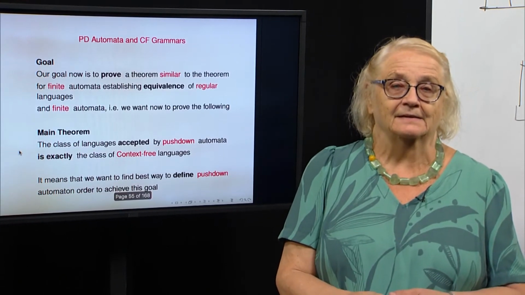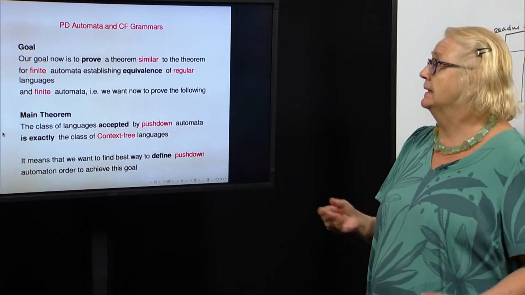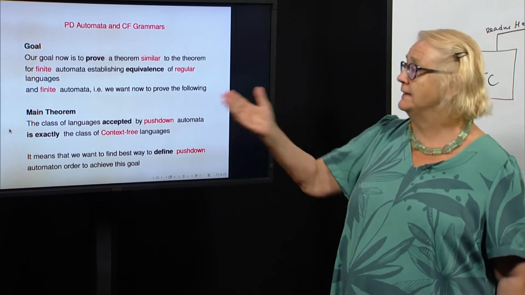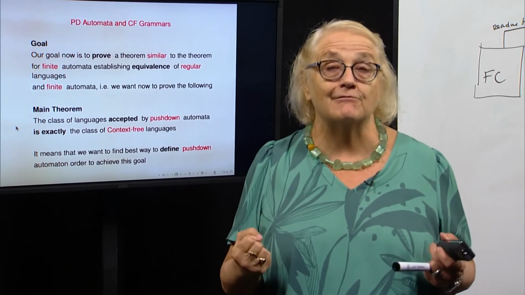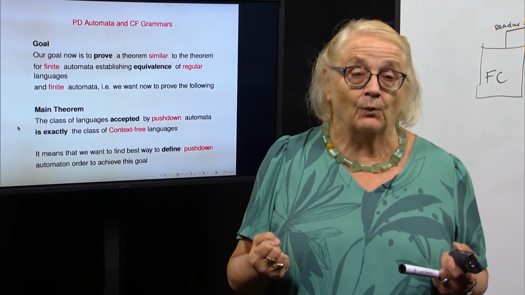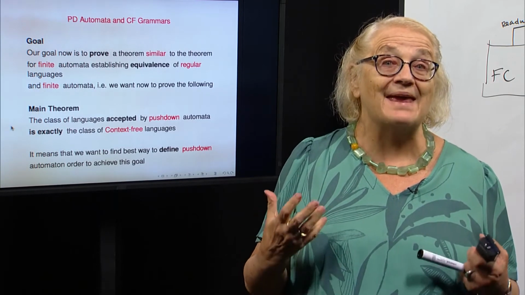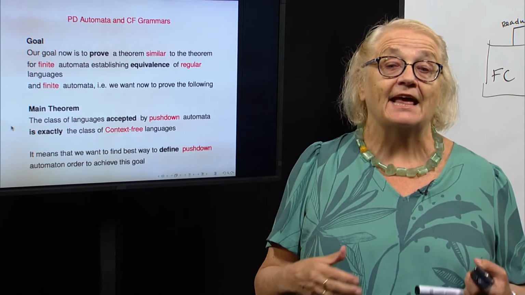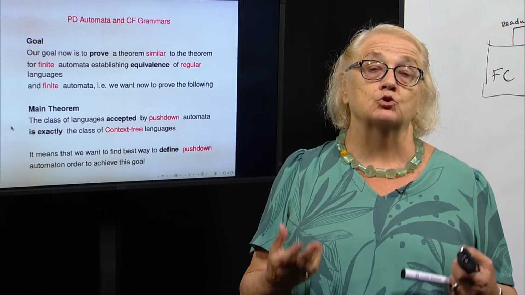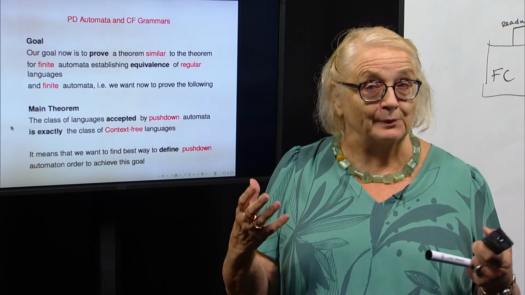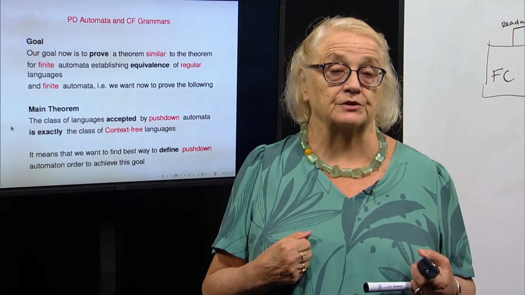automaton. And our goal is now to prove a theorem similar to the theorem for finite automata, establishing the equivalence of regular languages with finite automata. It means we want to prove the main theorem, which is that the class of languages accepted by pushdown automata, for which we have to build the model, is exactly the class of context-free languages.